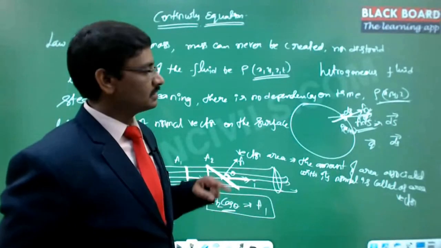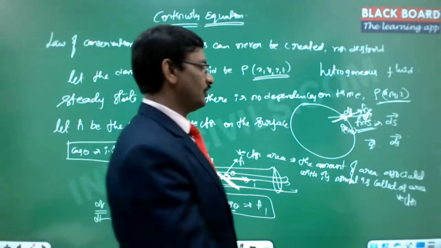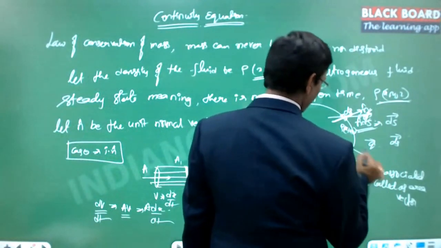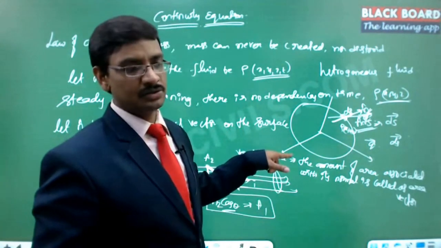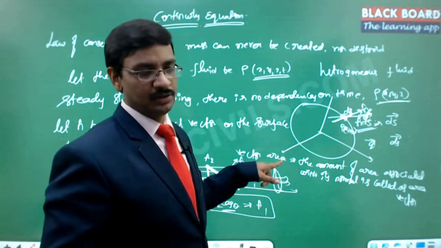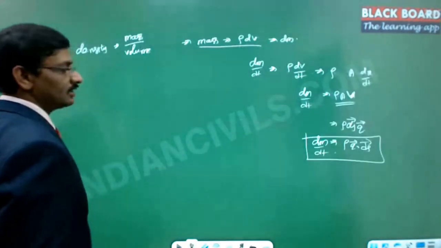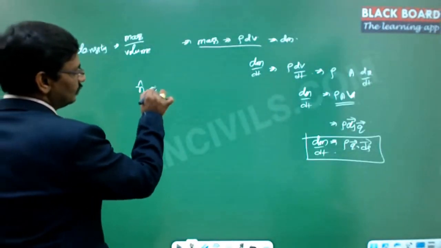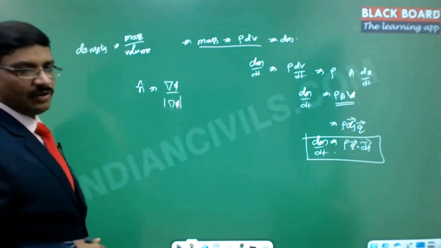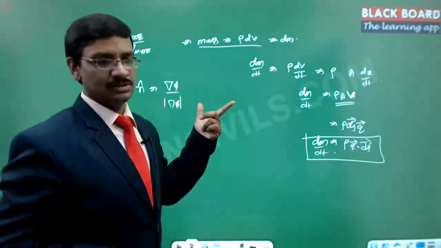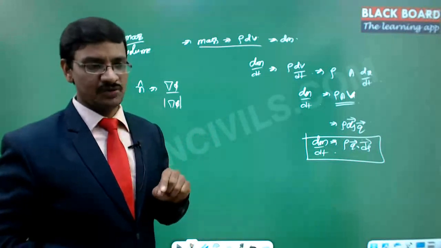The normal direction to any closed surface is different at different points. Suppose if you take this particular surface, this is one normal, this is one normal, and this is one normal. So where you are considering the point will give the normal at that particular point. So when we calculate the normal, even in vector calculus, n cap is equal to del phi divided by mod of del phi. This is the unit normal vector, where del phi is the normal to the surface, and phi is the surface, which is a function of x, y, z.